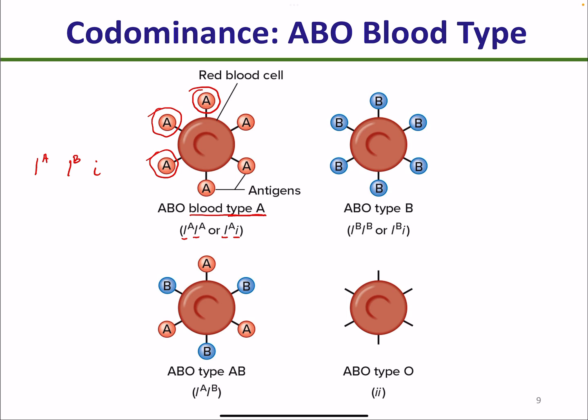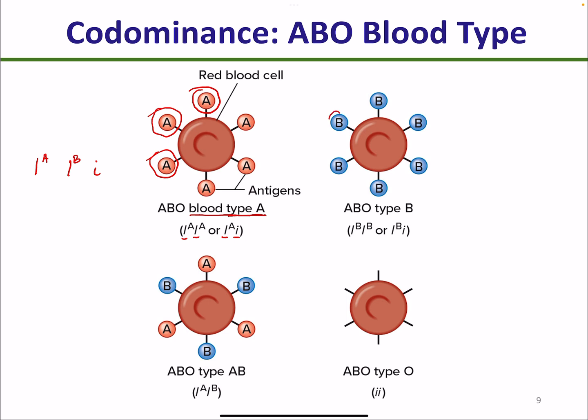For individuals who are blood type B, you have a variant of the enzyme that, instead of producing antigen A, is going to produce antigen B. So these individuals are producing a different form of enzyme.